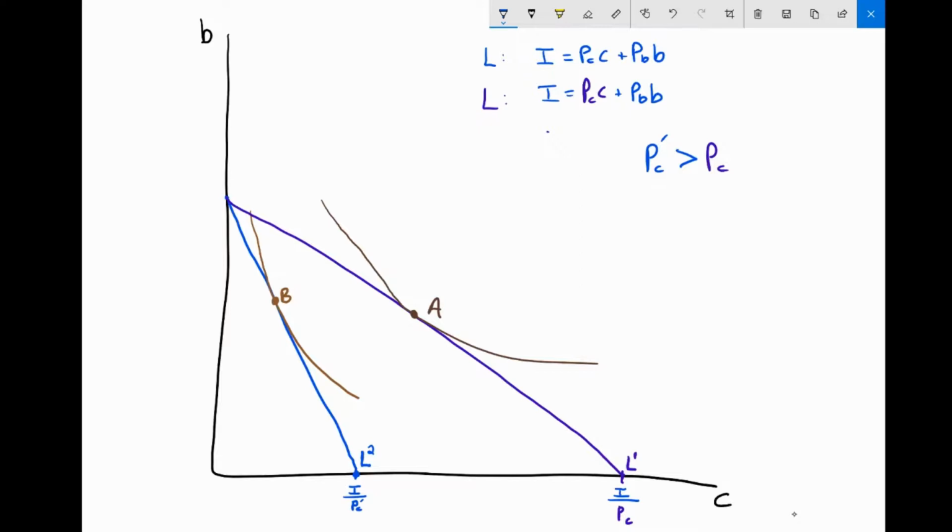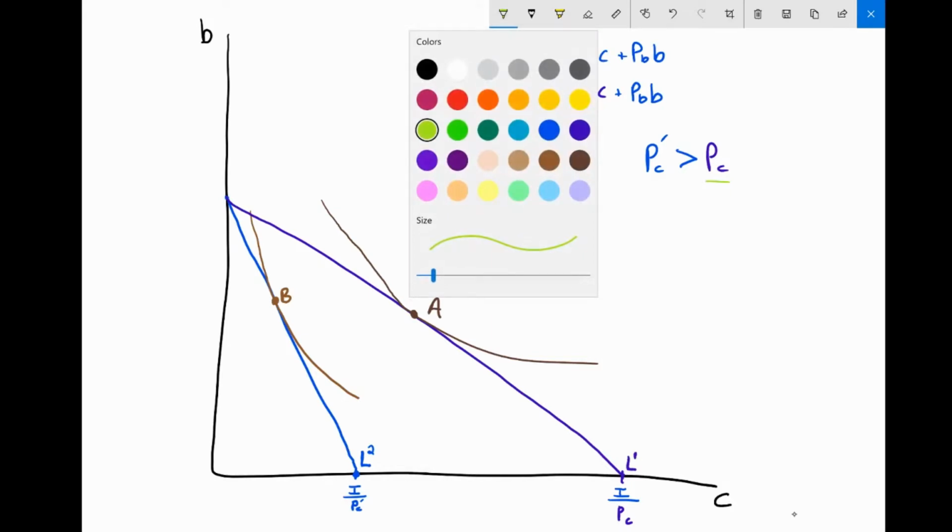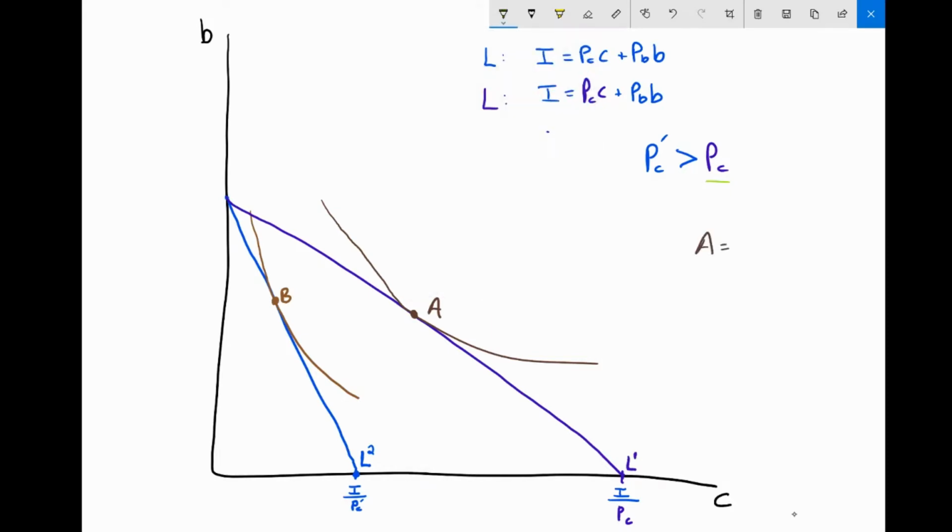So let's start by saying that we're looking at the purple budget line, so budget line 1, at price PC, without the little dash. When you have the purple budget line, the agent is going to choose a bundle that will maximize their utility, and they will choose bundle A. Bundle A is composed of some combination of bagels and coffee.